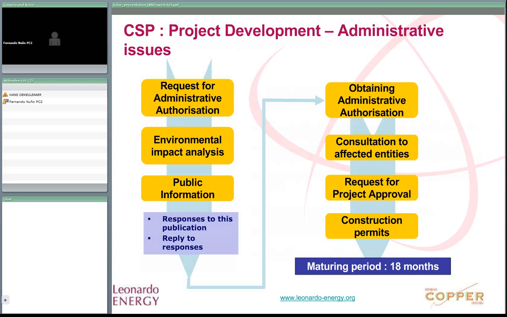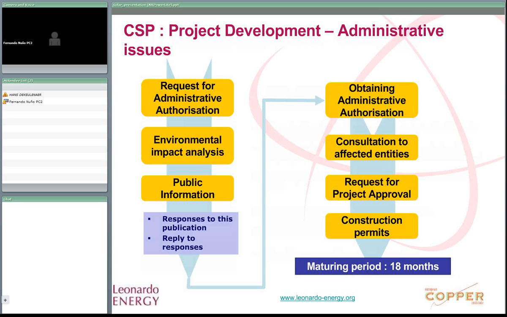Administrative issues. We can say the maturing period of the project is 18 months, from a request for administrative authorization to construction permits, going through environmental impact analysis, public information, consultations to affected entities, and request for project approval.